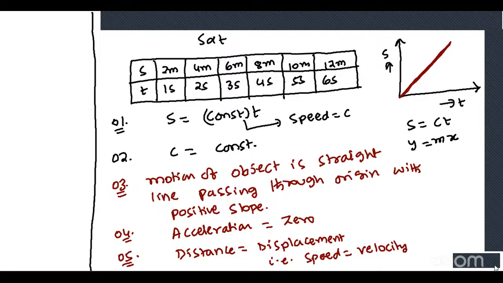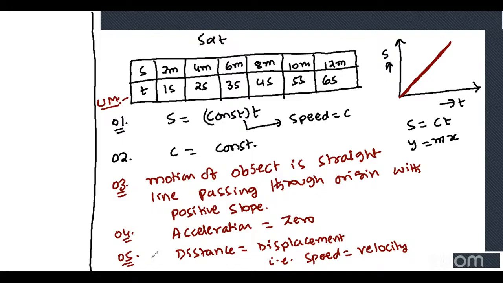Next, these are the 5 points you need to remember in uniform motion. Distance equal to speed into time, or constant into t, and speed is constant. Motion of the object is a straight line passing through origin with positive slope.